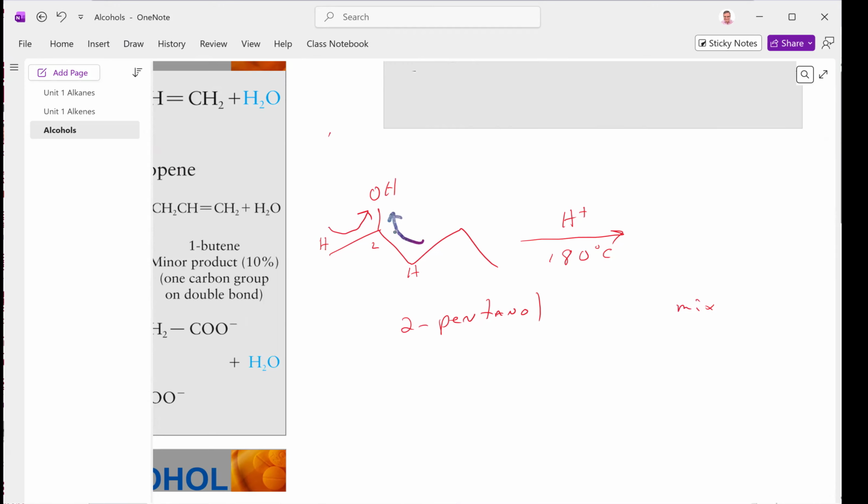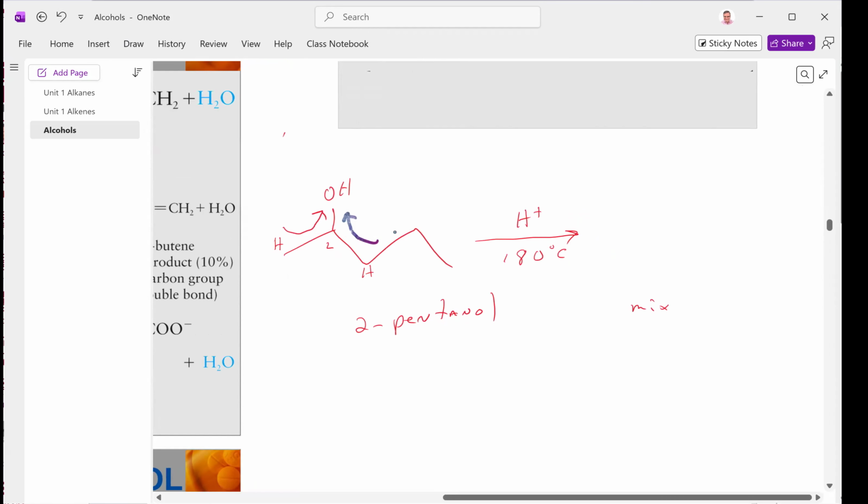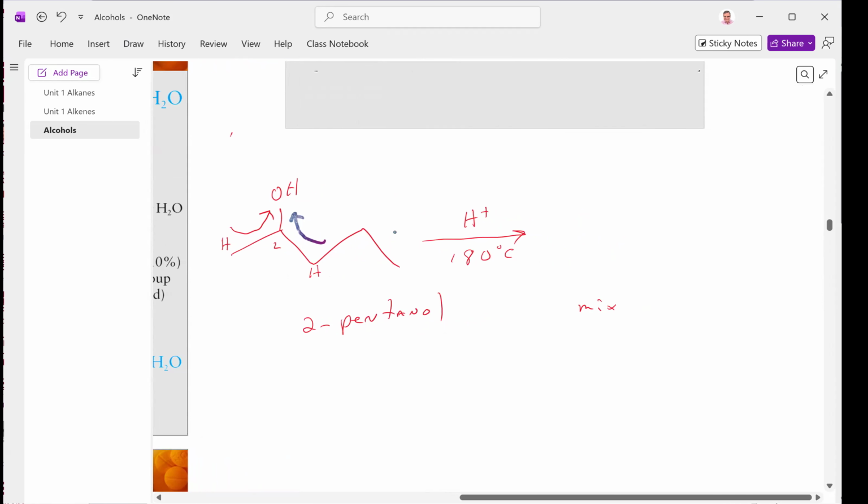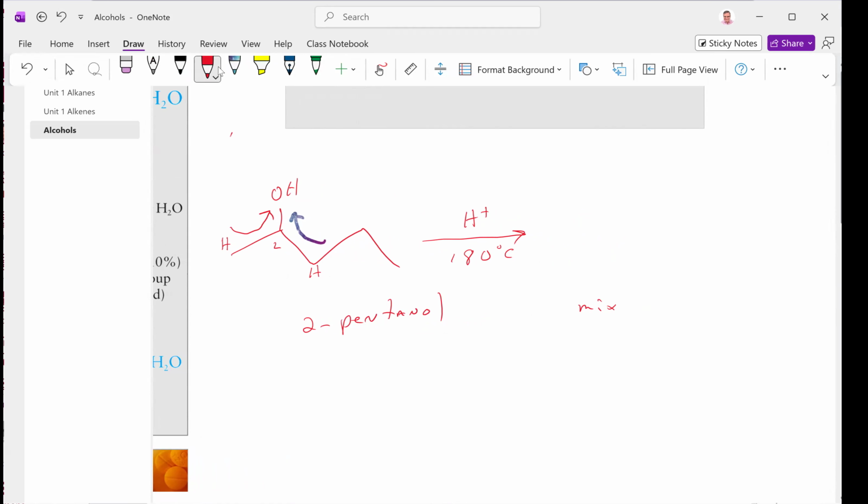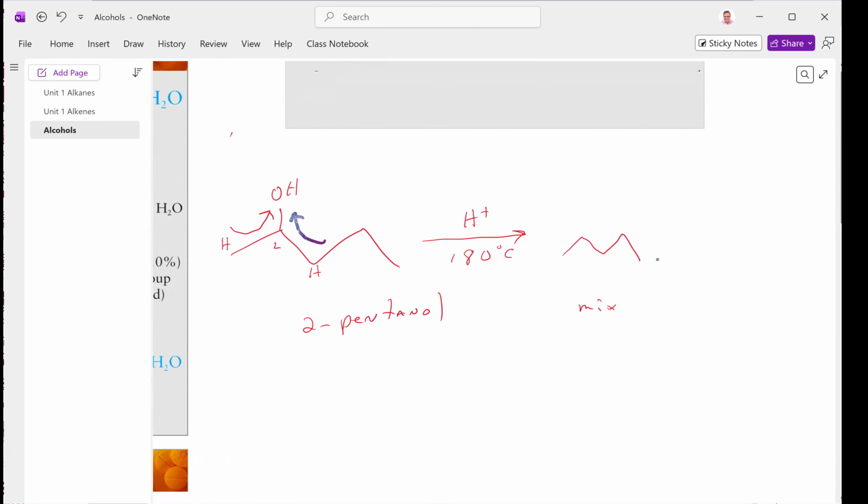That's where we're going to have a mix. Now, if the OH is on the end, you won't have a mix. That's the only exception. Otherwise, you always have a mix.